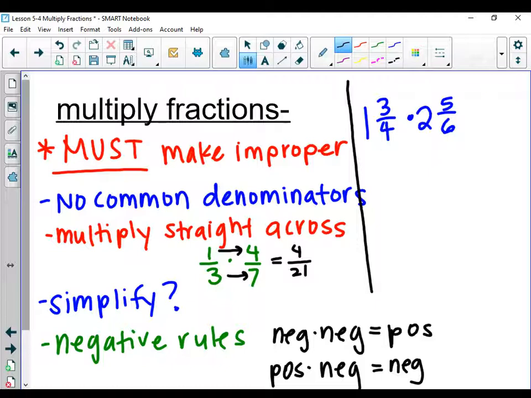Must make improper. 4 times 1 plus 3. 6 times 2 plus 5. No common denominators. Multiply straight across.